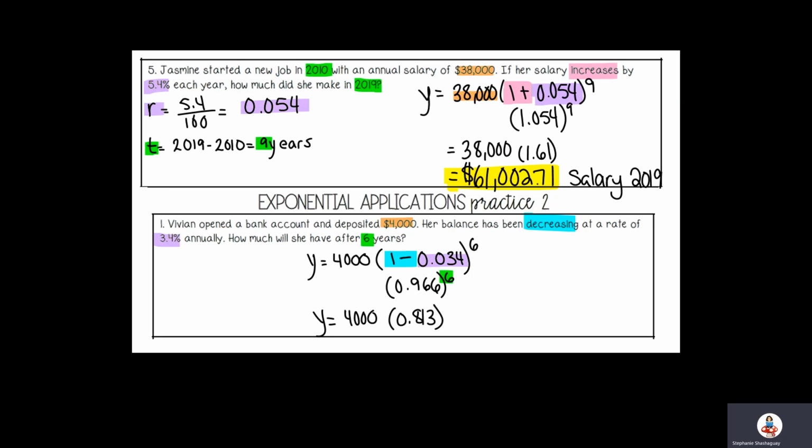When I multiply that by 4,000, I get $3,250 and 29 cents. So that's the value of the account after 6 years.